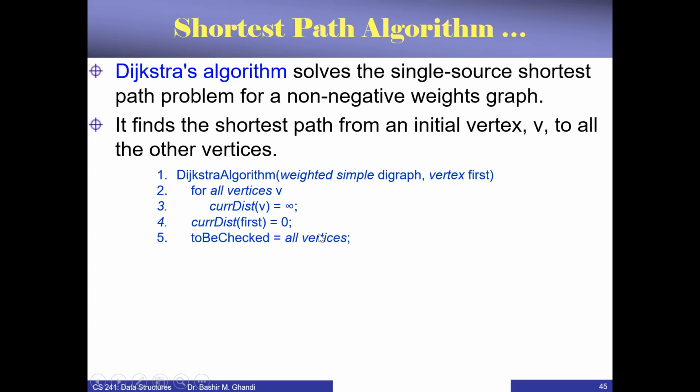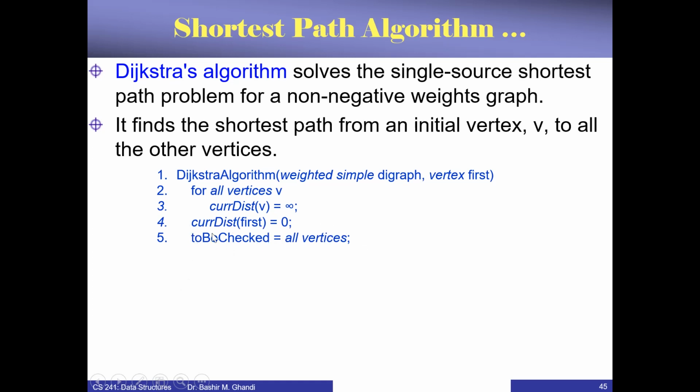Then we initialize the current distance of the starting vertex to 0, because we are already there. This is the starting vertex, so its current distance is 0. Mark all the remaining vertices as to be checked.